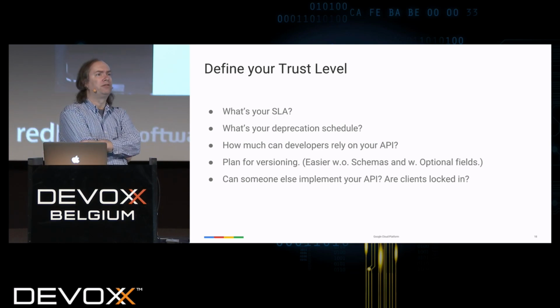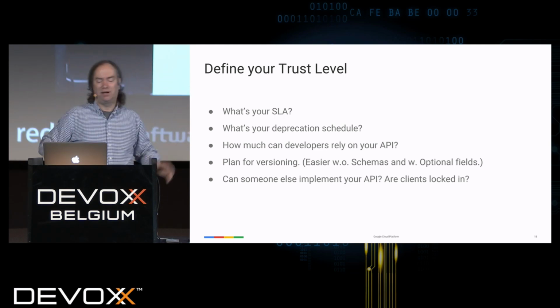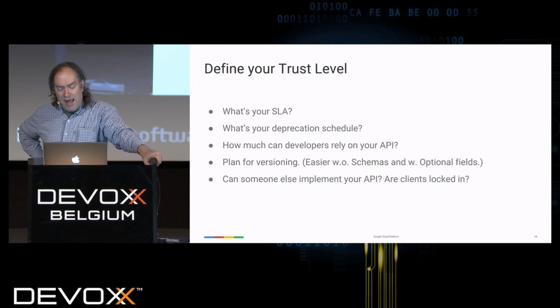And then finally, another very important issue for clients and consumers, what's the lock-in? Will some other company, some other vendor implement this same API? If I decide that the IBM billing for the Watson speech recognition API is too onerous for whatever reason, I don't know if it is, I haven't looked at it myself, I'm just throwing that out as an example, then can I take my code and point it at someone else's server that is offering the same service at a cheaper price?